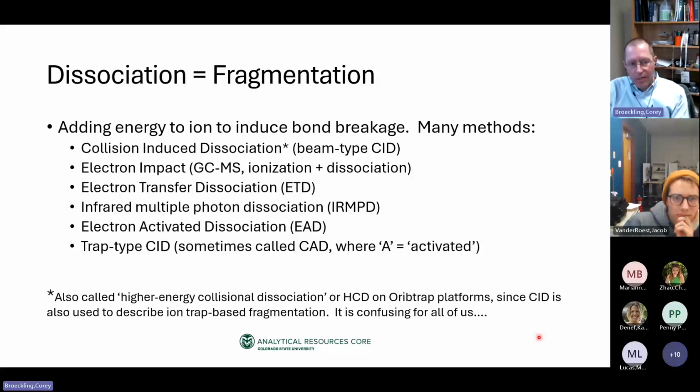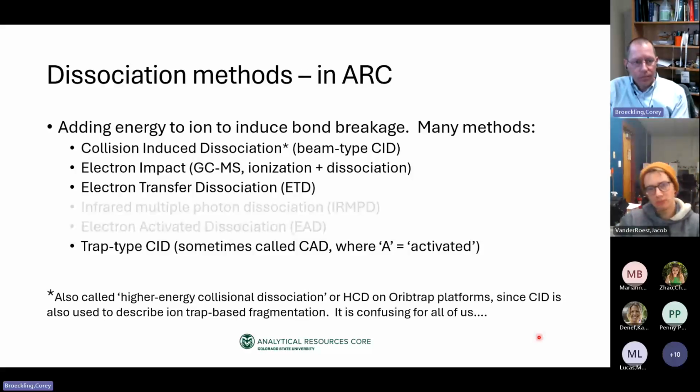You'll also see reference every once in a while to infrared multiple photon dissociation. I don't think there's even any commercial applications of that. And then the last one listed there is trap type CID, which is also sometimes called CAD, collisional activated dissociation. And we'll talk a little bit about a few of those.